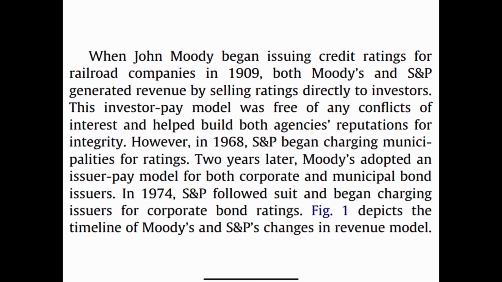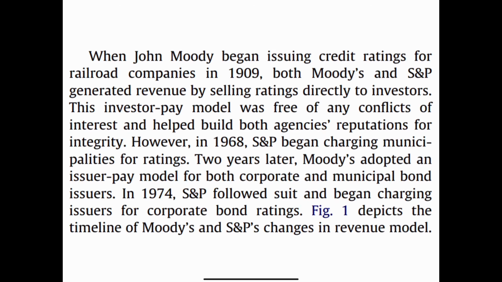However, in 1968, everything changed. They moved to an issuer-pay model, such that the ratings are free to investors, but the company, being the issuer, pays. The issuer is the one that issues and sells the bond, which means they can borrow the money from the proceeds. So it becomes the company who is going to pay for it.